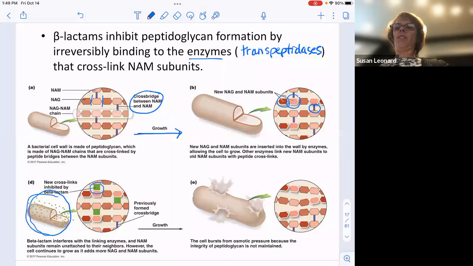The green is where they should get formed after the new subunits are put in. Because the drug is bound to the enzyme that forms those bridges, they don't get formed. Now the cell wall is all kind of wonky like this, and it's going to be susceptible to osmotic forces. When the cell's in a hypotonic medium, water rushes in and the cell wall is not intact enough to keep the cell from bursting. So it's not really the drug that bursts the cell, it's the osmotic forces.